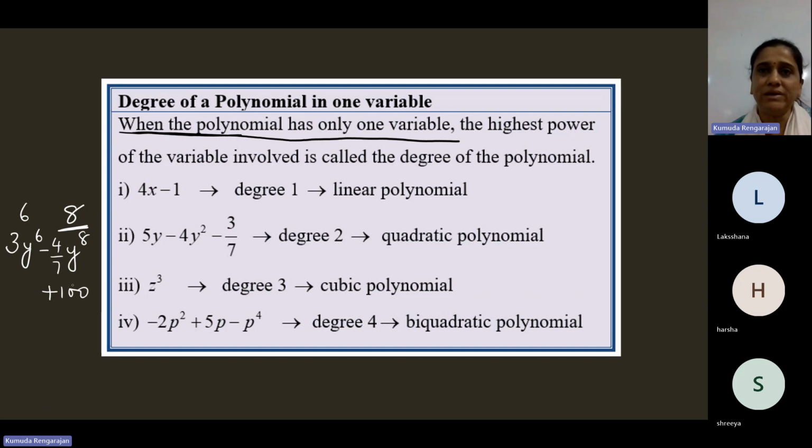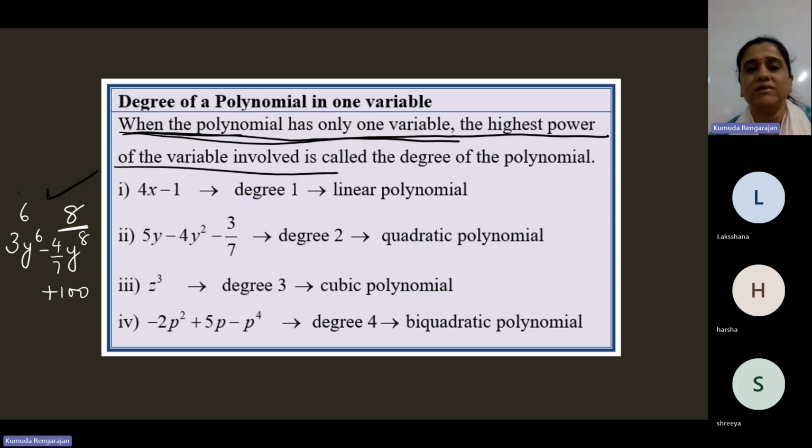In this example, the polynomial has only one variable, y. So when the polynomial has only one variable, the highest power of the variable involved is called the degree of the polynomial. Clear?